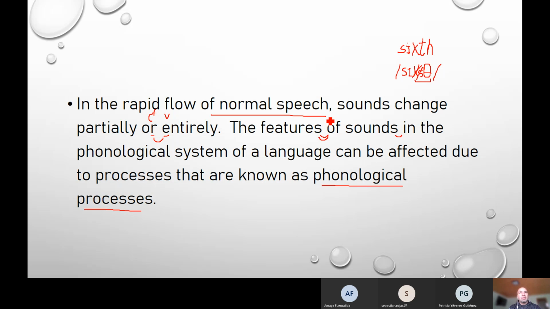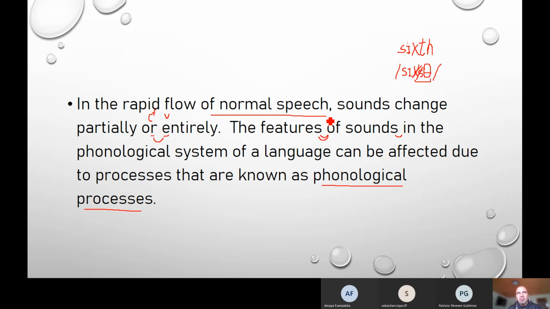If we listen to someone who's speaking, as you are now listening to me, sometimes the sounds are shortened, sometimes the sounds are produced in a different way. Whenever you hear a native speaker, like someone from England, Ireland or Canada, they pronounce in a different way, they connect sounds, they link sounds.